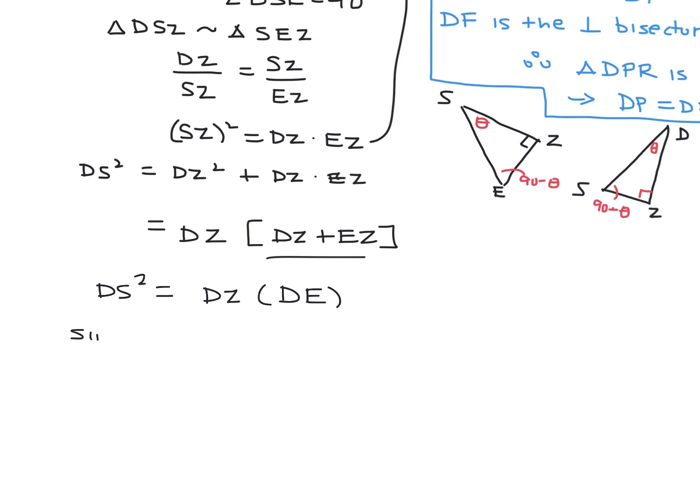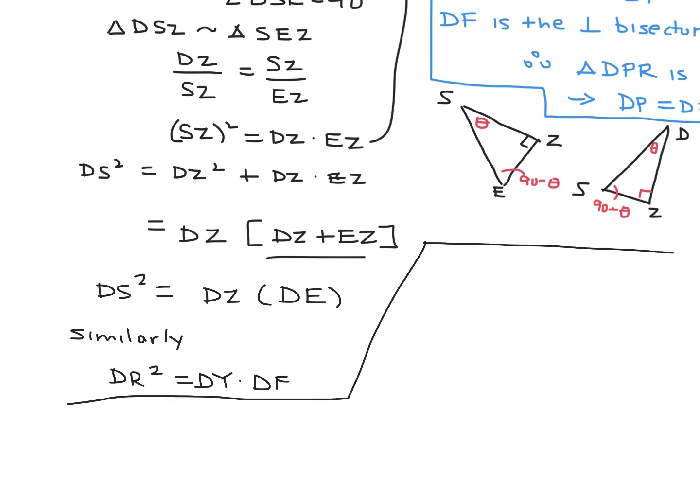And in a very similar way, using the other circle and all that, you can show that DR squared is equal to DY times DF. And I'll let you do that. It's pretty much the same scenario as what I just did, but on the other circle. And then finally it all comes together.